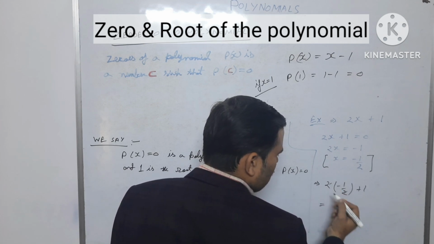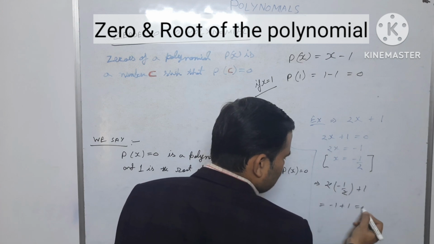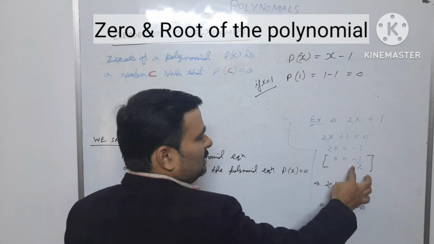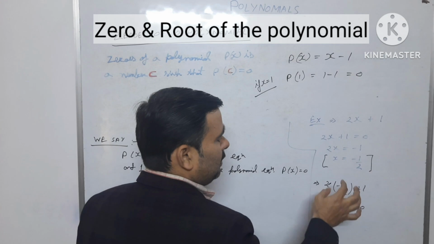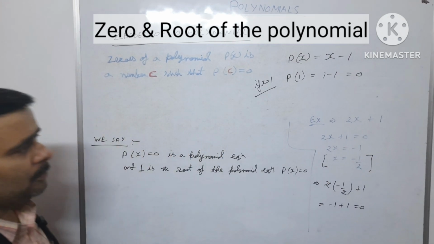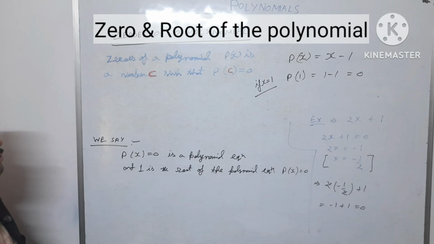The 2 cancels, and we get minus 1 plus 1, which is equal to 0. So minus 1 by 2 is the value that converts the whole polynomial to 0, so that is the zero of the polynomial.